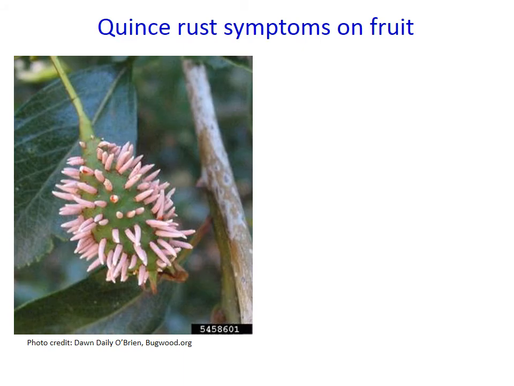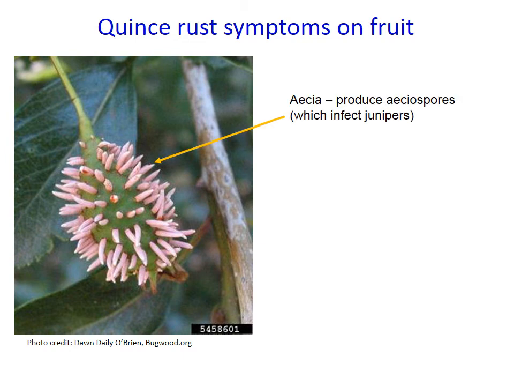So on the juniper, we see that orange is the teliospore stage again. It produces basidiospores, which then infect the apple host. So here we're going to look at some different kinds of symptoms you'll see on the apple side of the equation again. Here we've got some quince rust symptoms on fruit. These pink tubes coming off here are aecia, and those produce those aciospores again, which infect junipers.